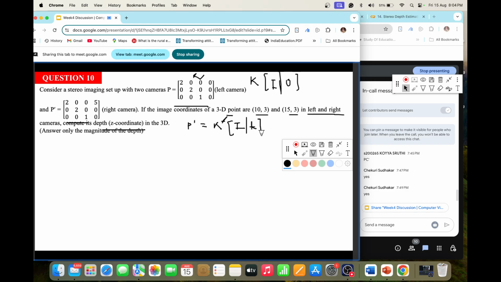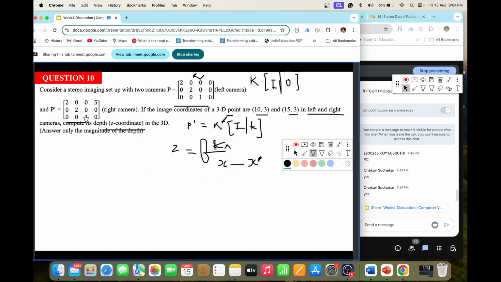So when we have this, our z is nothing but f into tx divided by x minus x dash. Okay, so what is our x minus x dash?